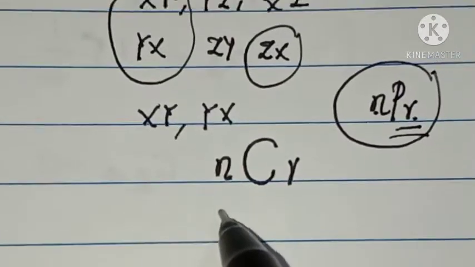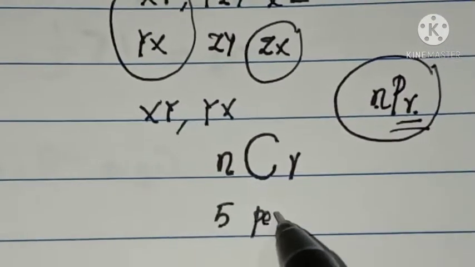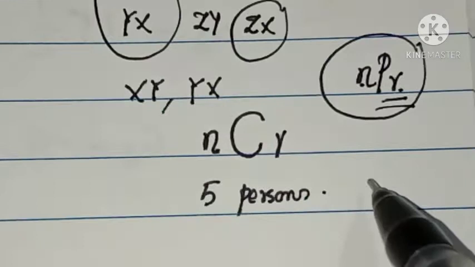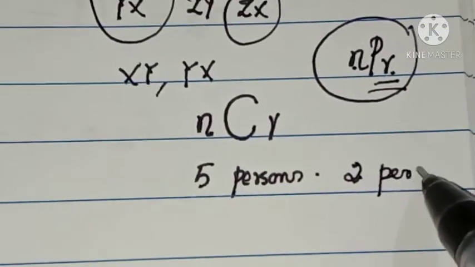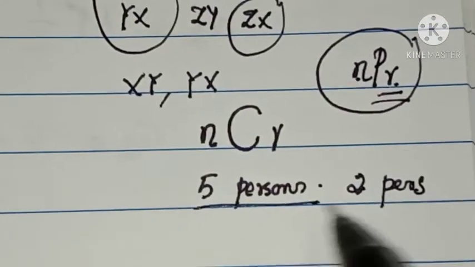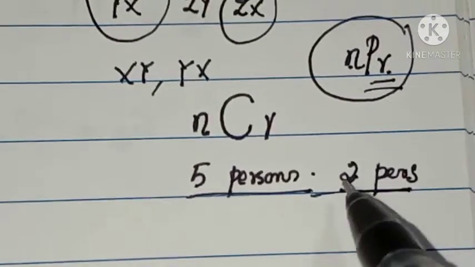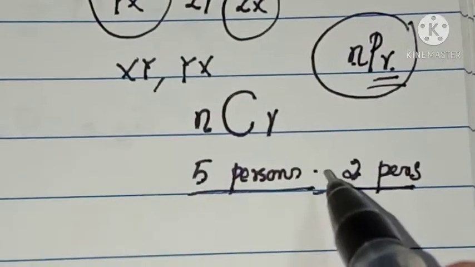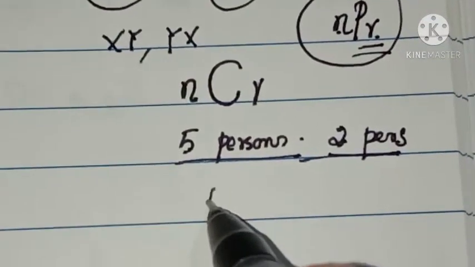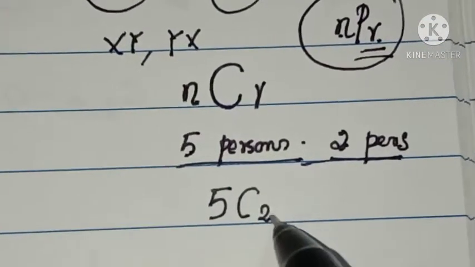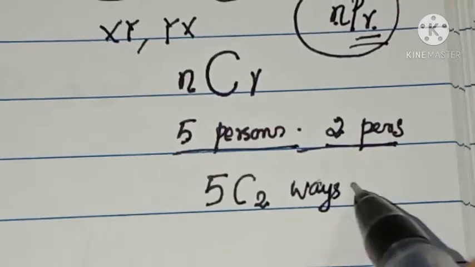Is it clear? Suppose we have 5 persons and we need to form a committee of 2 persons. From these 5, we have to select 2 persons in 5C2 ways. That is the meaning. It's clear?